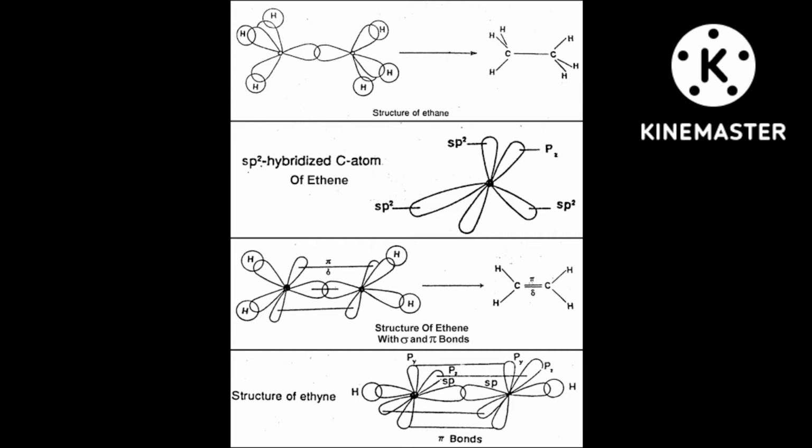Now I am going to discuss hybridization of elements involving d orbitals. Now the role of d orbitals is coming in hybridization. Just understand: the elements present in the third period contain d orbitals in addition to s and p orbitals.